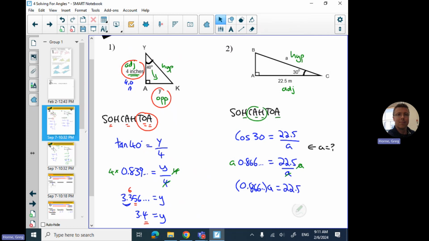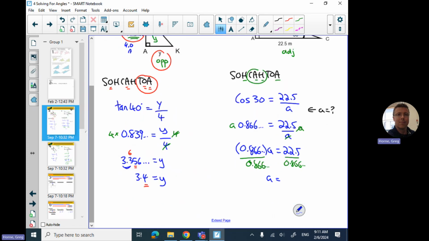And then we would divide out that 0.866. So I'll be on the bottom part of the smartboard here. Dividing out 0.866 leaves me with 22.5 divided by all of those decimals the calculator gave me, which is 25.98.